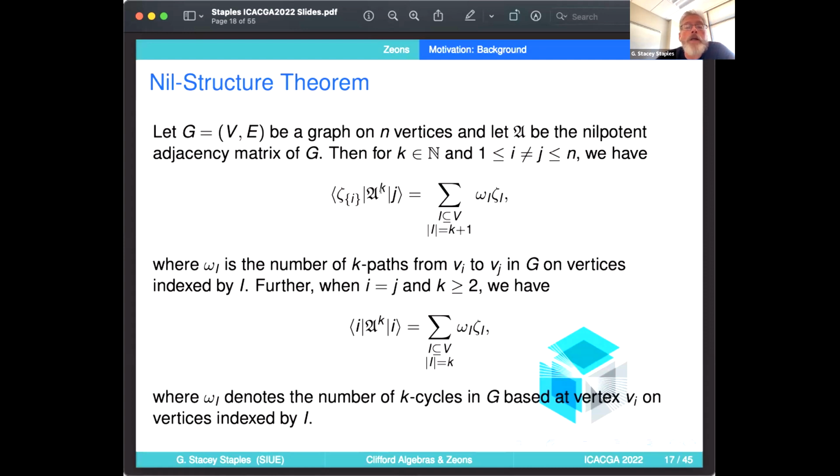So just by considering, if I calculate the kth power of the matrix, which actually is not terribly efficient, I could just look in row i, column j. However, if I just prepare this vector, zeta i, with the ith row pre-multiplied by zeta i, and then look at the jth entry of that for k equals 1, I'll know if there's a one step, if i and j are adjacent.